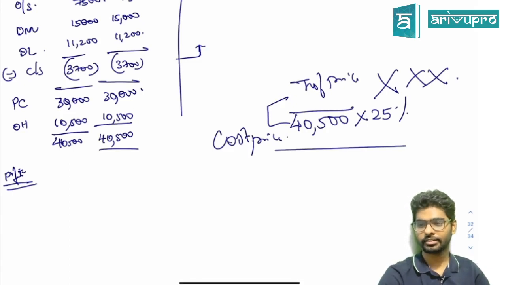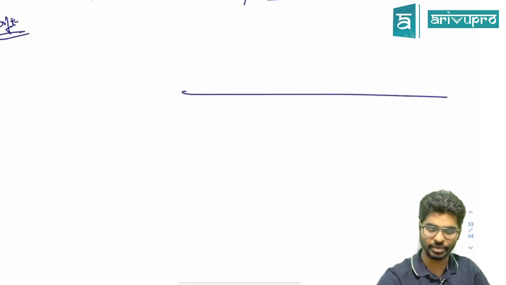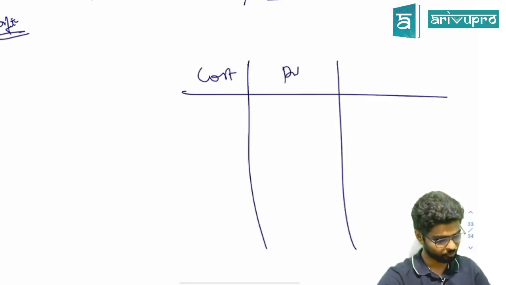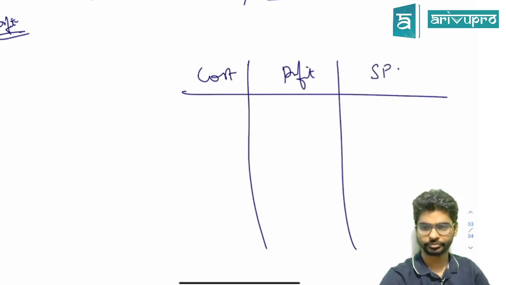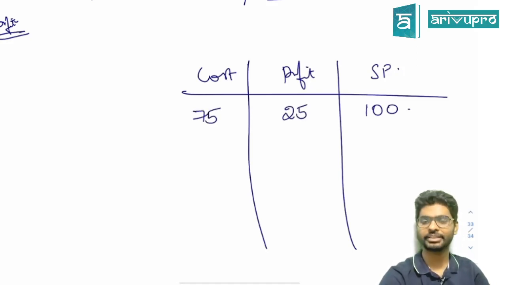Are you clear? So whenever they give me a transfer price of sale price, I'm going to be using this formula: cost, profit, selling price. Selling price is 100, profit is 25, therefore cost becomes 75.